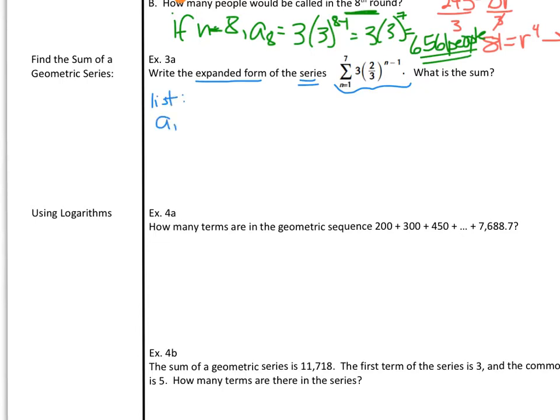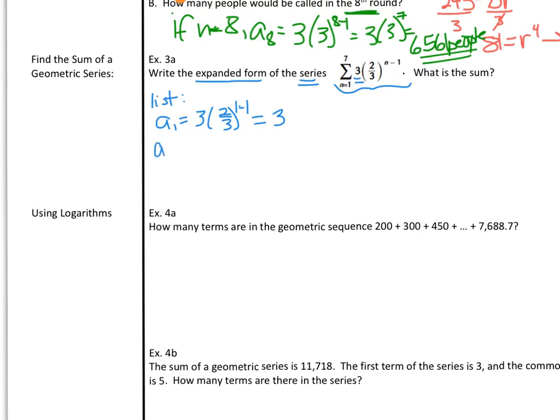A sub 1, we would get simply by plugging in 1 for n in the formula. 3 times 2/3 to the 1 minus 1. Well, 1 minus 1 is 0. 2/3 to the 0 is just 1, and 1 times 3 is 3. You maybe even recognize the first term as 3 based on that formula.